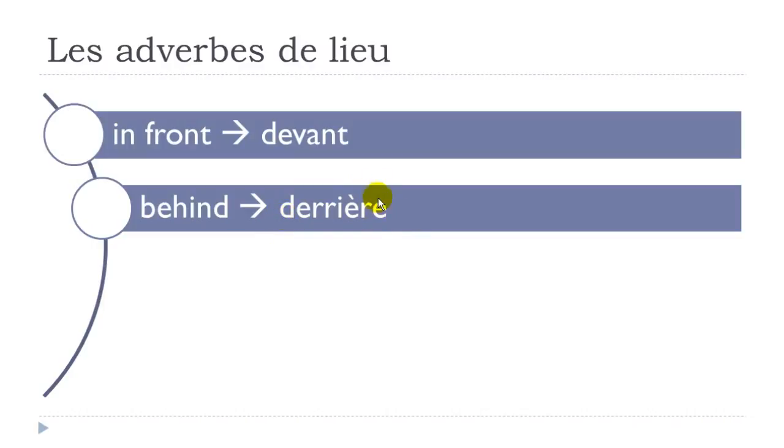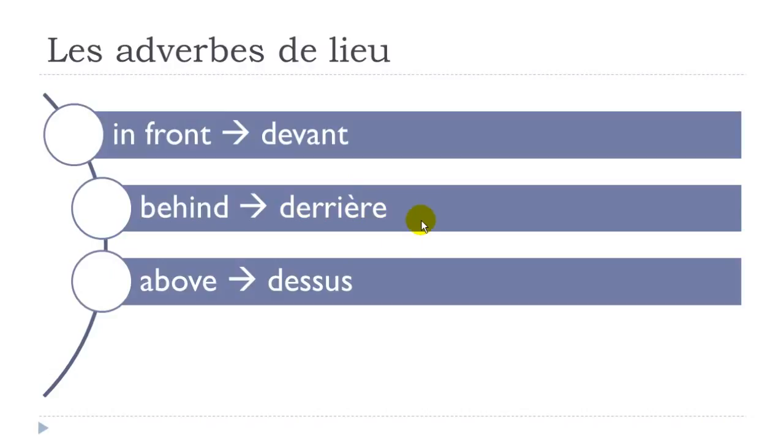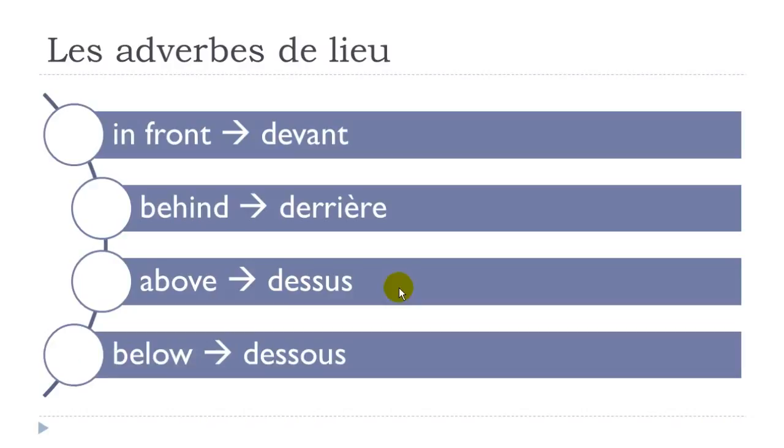Don't pronounce the final E. Final S not pronounced. Dessus. Dessous. Final S not pronounced here. Okay, so let's repeat them. Devant, derrière, dessus, dessous. Okay?